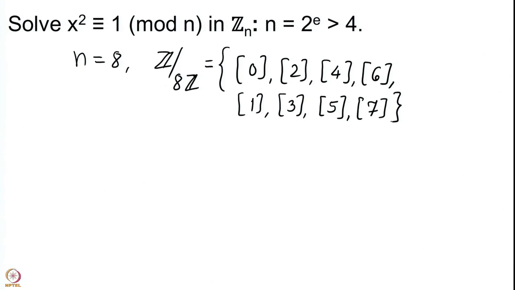And note here that all these numbers, they square to 1. The squares of all these 4 numbers is 1. 1 square is of course 1, and 7 square, remember 7 is minus 1 when you are looking at modulo 8. 1 square is 1 and 7 square, which is also minus 1 square, that is 1.